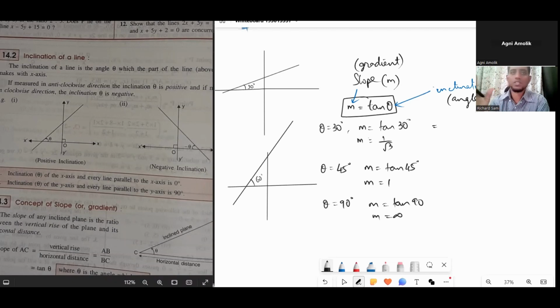These are words you have to memorize. Slope or gradient is represented by the letter m. Inclination or angle is represented by theta. Tan theta is slope. Inclination is just theta. Write that also here, angle theta.